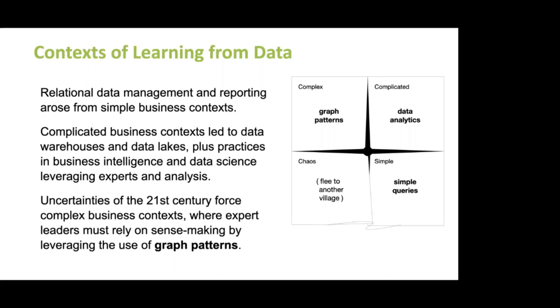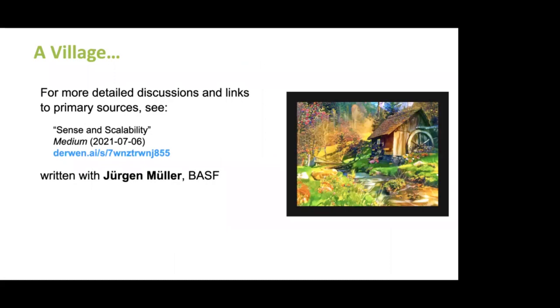And I'm not going to go through a lot of detail here, but there was an article that we talked about, Sense and Scalability, that was listed in the notes for the workshop, if you want to check it out. And I did this work with Jürgen Mueller out of BSF.